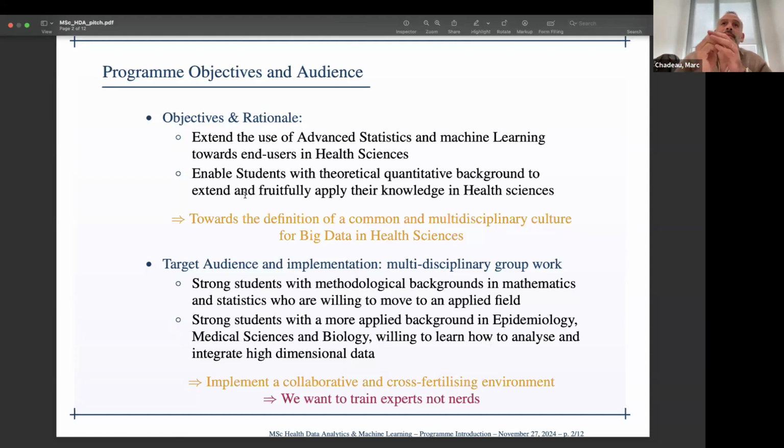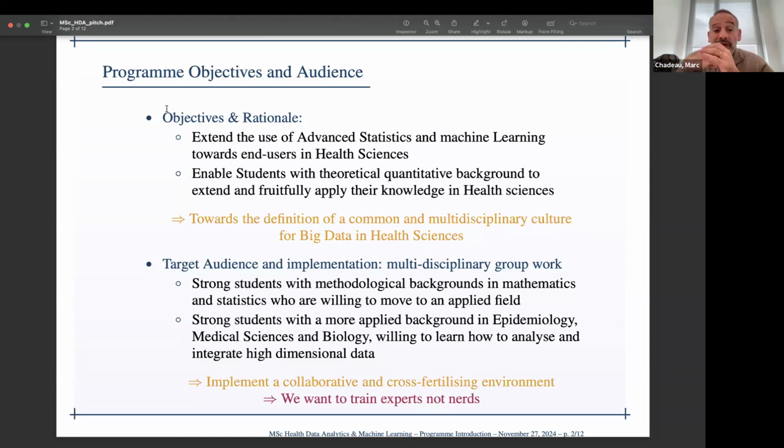And on the other side, we also identified a knowledge gap for people who were more on the data, clinical, or epidemiological side, who were not necessarily familiar with powerful and important methods.